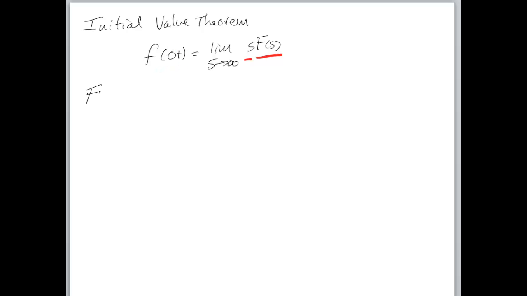Now, for the final value, you can think about this in time space. That would be the limit where t goes to infinity of our function f of t.